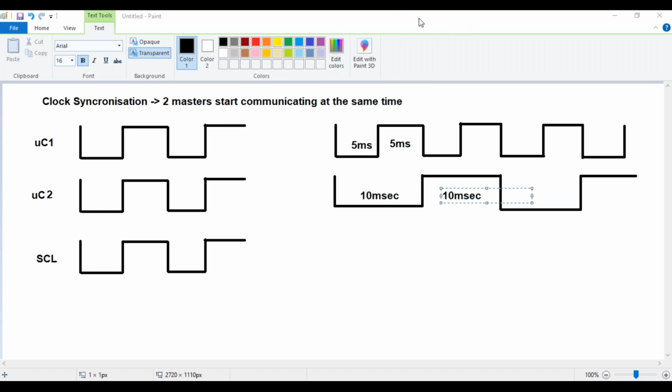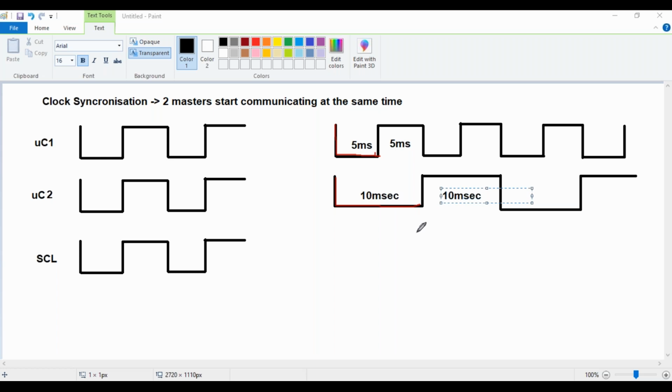First, microcontroller 1 generates a low signal for the first 5 milliseconds. Now microcontroller 2 generates the clock pulse for the first 5 milliseconds, but it has to generate it for 10 milliseconds. So it continues to generate the clock pulse for another 5 milliseconds at the low level itself.